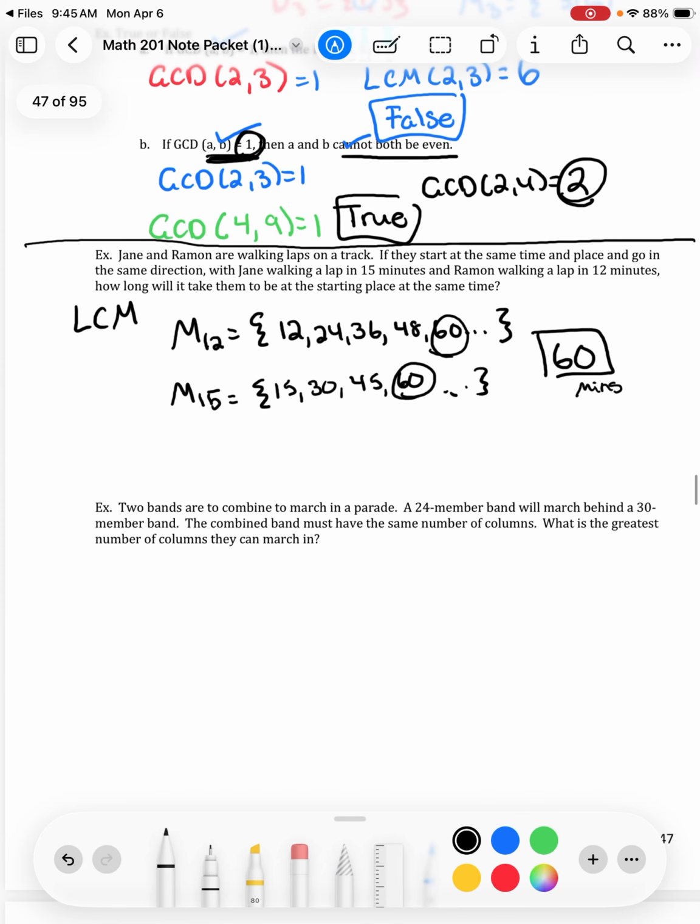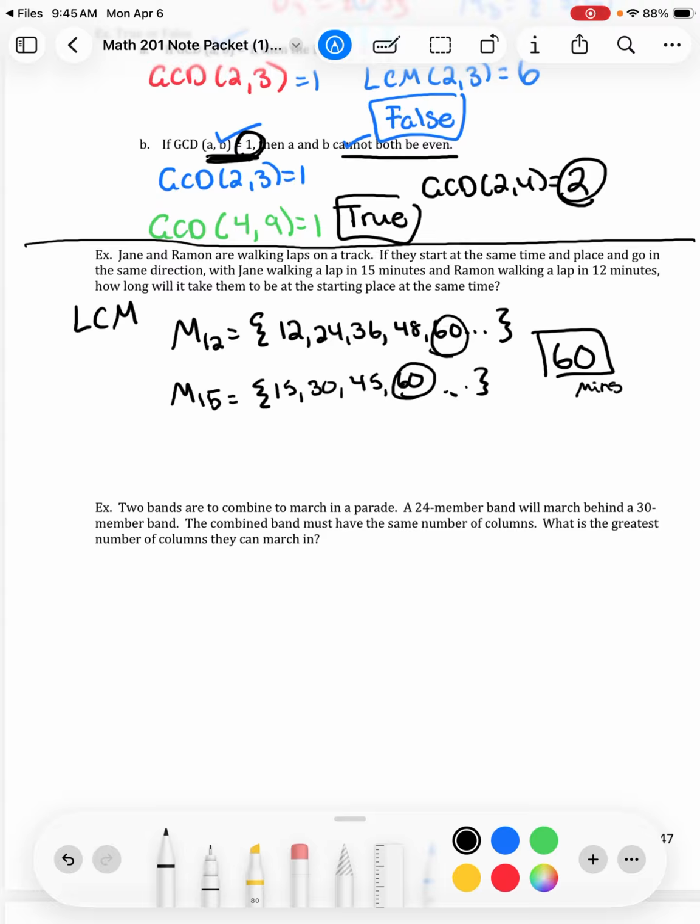All right, next one. Two bands are to combine to march in a parade. There's a 24-member band and a 30-member band, but they want to combine so they have the same number of columns of people walking. So there's not one band that looks wider than the other band. If we're taking a band and putting it into columns, that means we are dividing it.